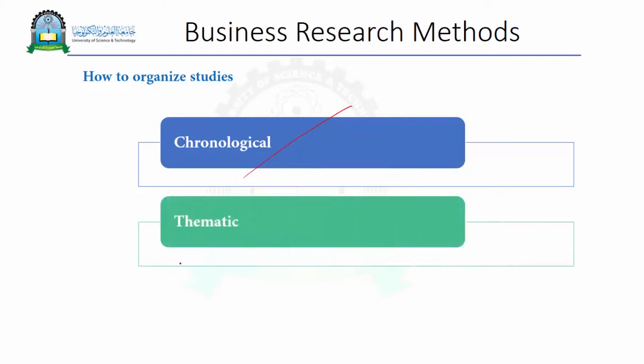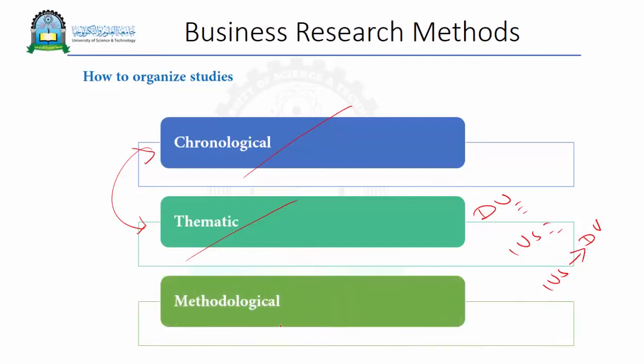The second one is thematic. I can use both thematic and chronological together. Thematic is organizing according to the themes, which are the variables. So as I said, I start with studies related to the DV, studies related to the IVs, and then studies that can connect the independent variables and the dependent variable.